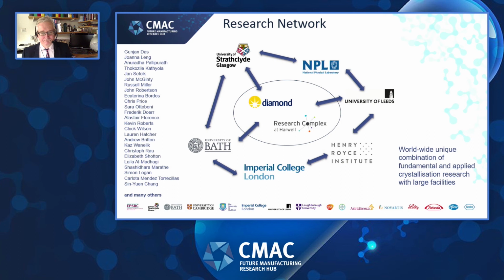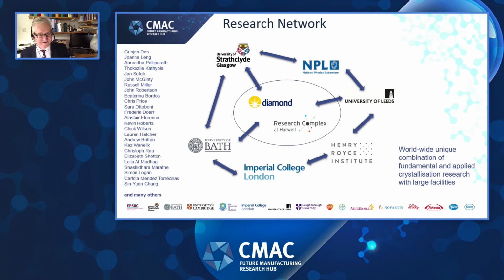To finish, what we have in advanced characterization within CMAC is a very vibrant, very active research network. I'm giving you a list of all the people involved, but that's not a complete list.